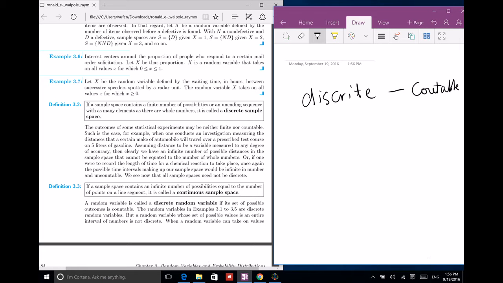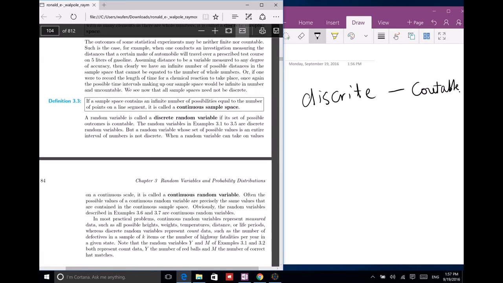For example, the number of fish caught during a fish tournament, or the number of students in the classroom who pass the class. You can always count how many. That's called a discrete random variable.